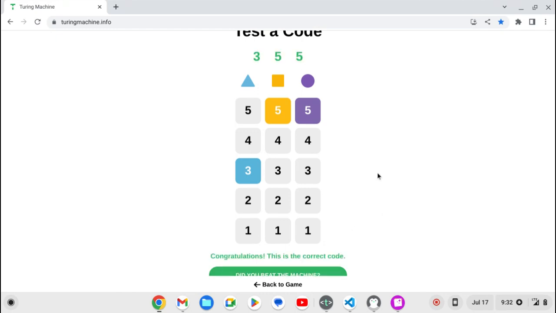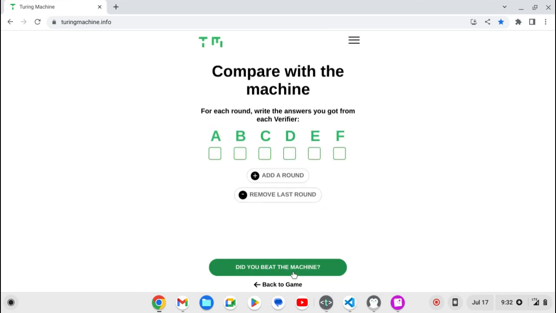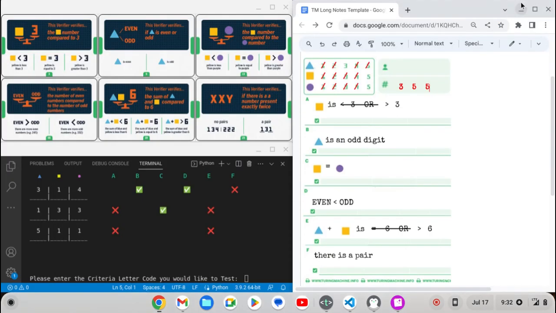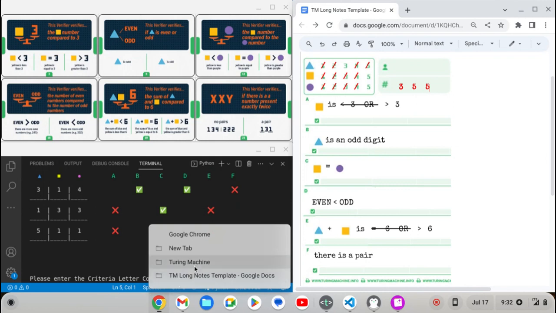Yes. Okay, fantastic. So now let's actually verify how we did versus the Turing machine. I'm a bit doubtful. We did 8 tests, 3 rounds, so we'll see how we do. In the first round, we did BDF, and then in the second round, we did ACE, all the other ones, and then the last one we did AE. So let's do BDF in the first round.